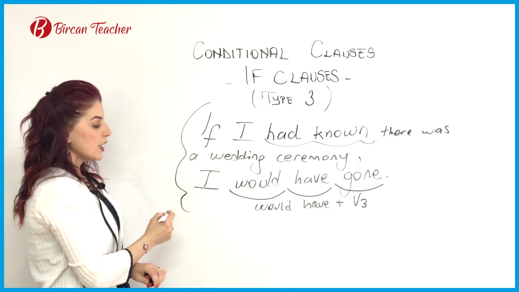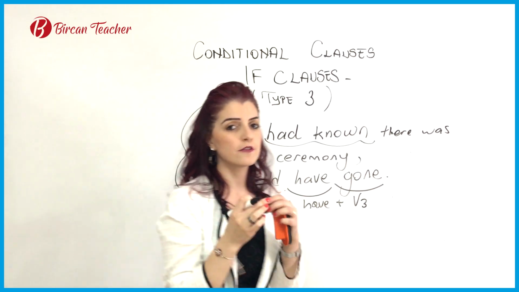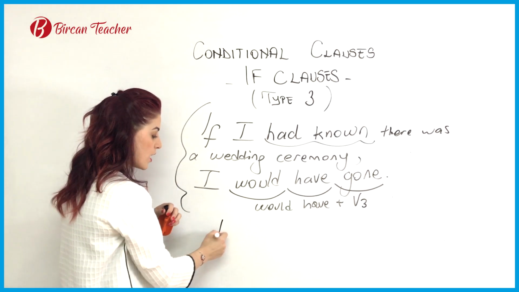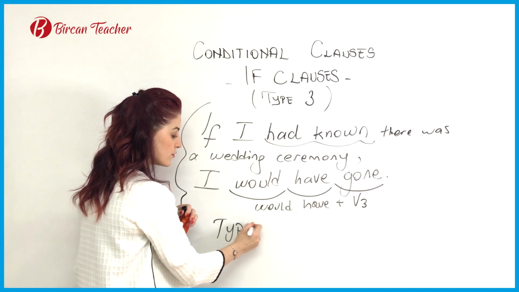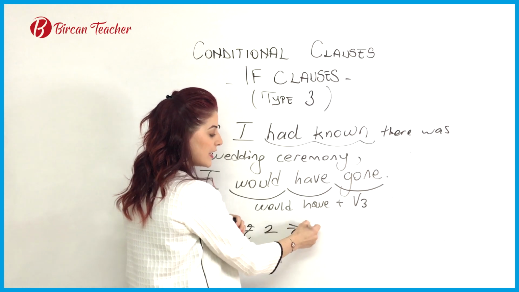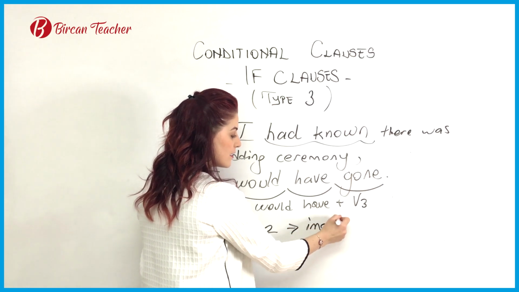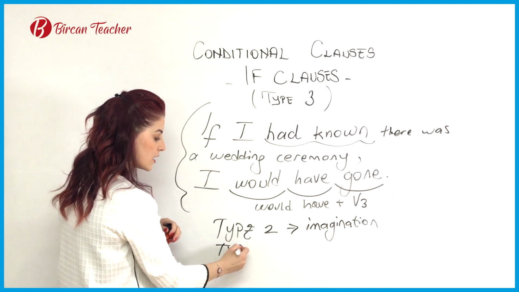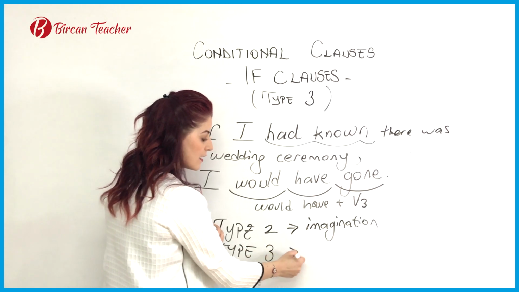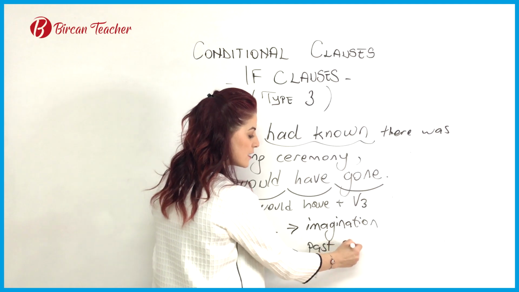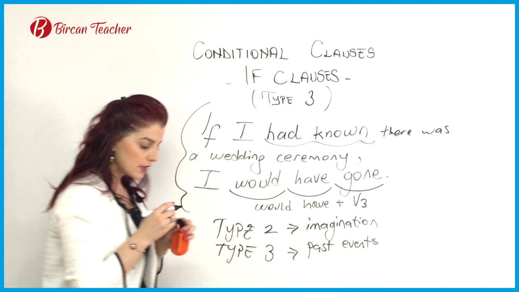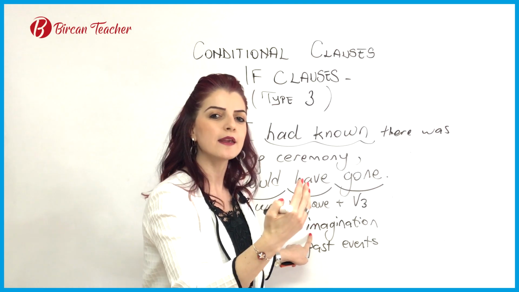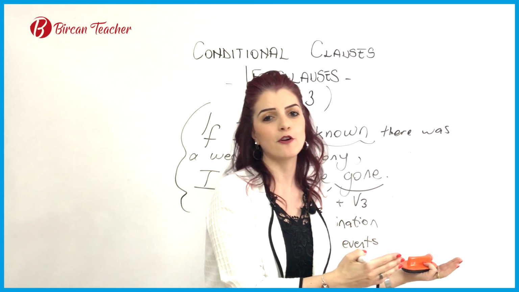So, in English, you shouldn't confuse type 2 and type 3, because while we are talking about type 2, we are imagining. But while we are talking about type 3, we are talking about past events. One more important detail. If you imagine something, you can change it tomorrow.